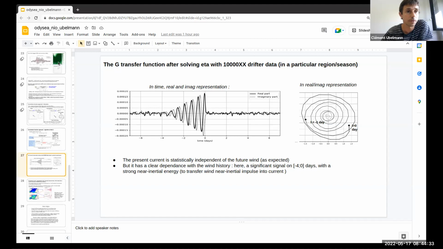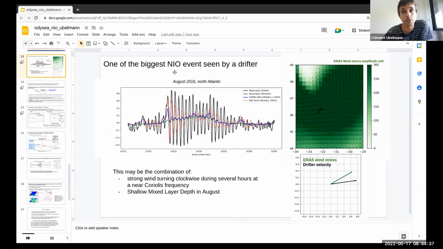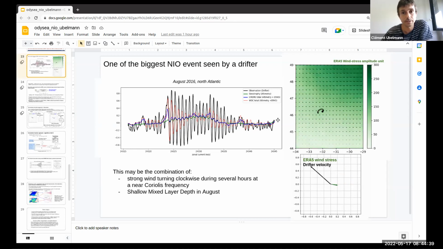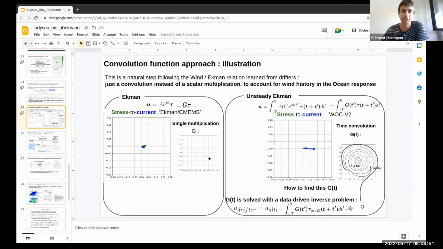You can see here the NIO event is really well picked up and reproduced. So ERA5 is pretty good at large scales. Probably there is a lot of problem at small scales and short time scales, and we consider that to be in the epsilon. And that's maybe also where Odysea can help to get a better wind product.